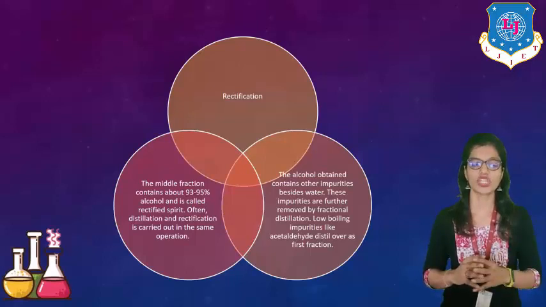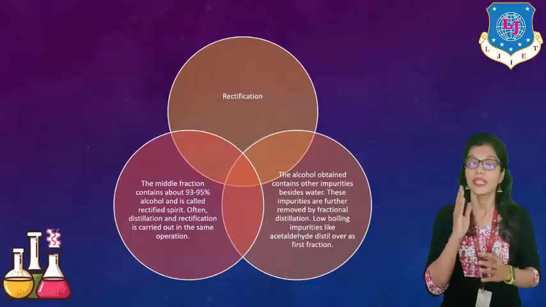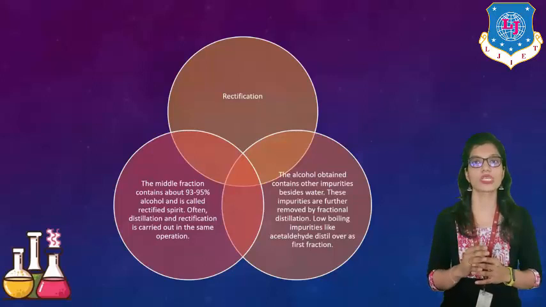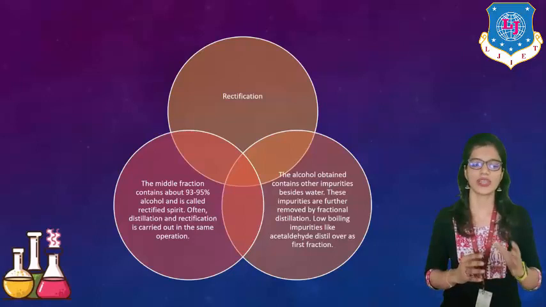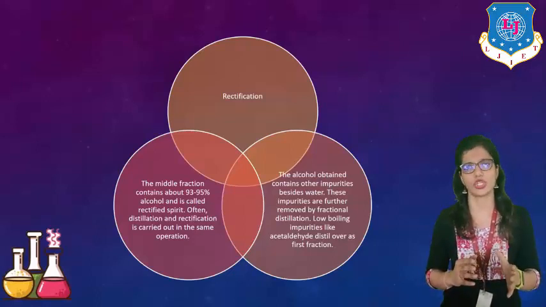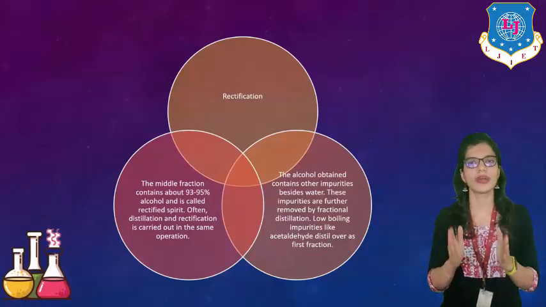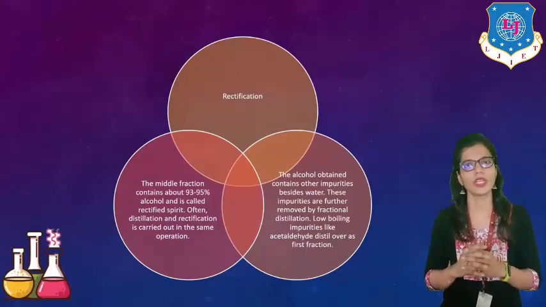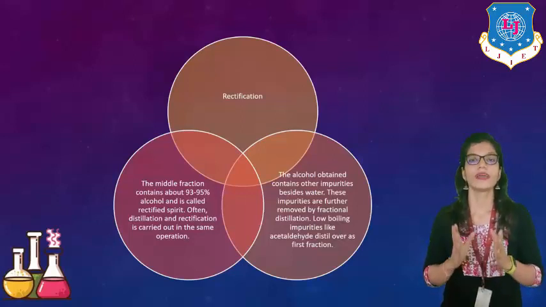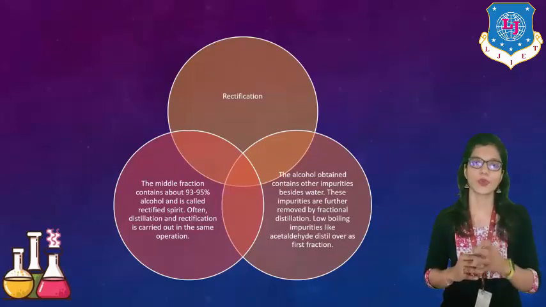The middle fraction contains about 93 to 95% of alcohol and is called rectified spirit. That's why we know this particular process as rectification. Often distillation and rectification are carried out in the same operation, and we get our rectified spirit in that one only. This is the process with which we can obtain ethanol from the fermentation of molasses.